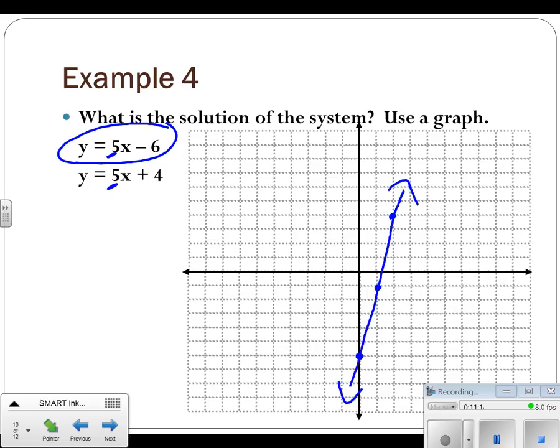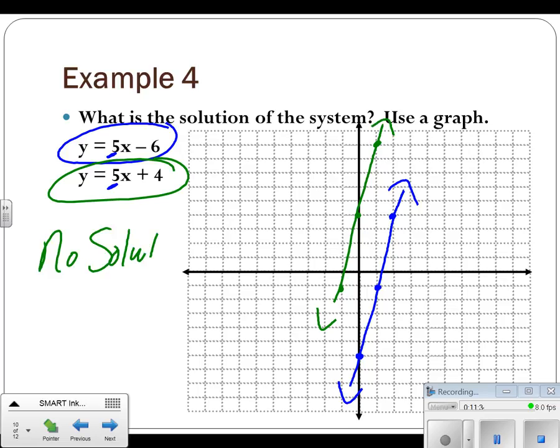And if I look at my second one in green, it crosses at 4, slope of 5. Connect that. We see that they are parallel and they will never cross, so this is no solution. They do not have any ordered pairs in common.